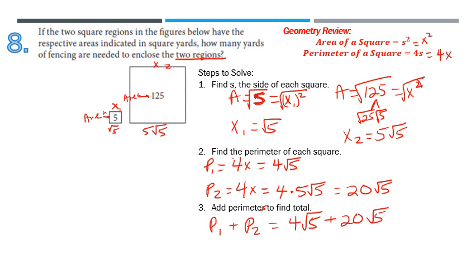When you're adding radicals, you're only adding the values outside of the square roots as long as the values inside the square roots are the same. So we're just adding 4 plus 20, which is 24. So we have 24 square root of 5. And this is our exact value. So this would be a multiple choice, and you choose the one that's 24 square root of 5.